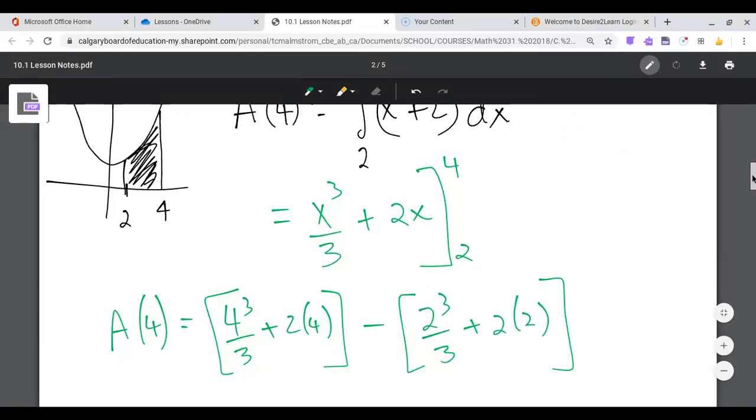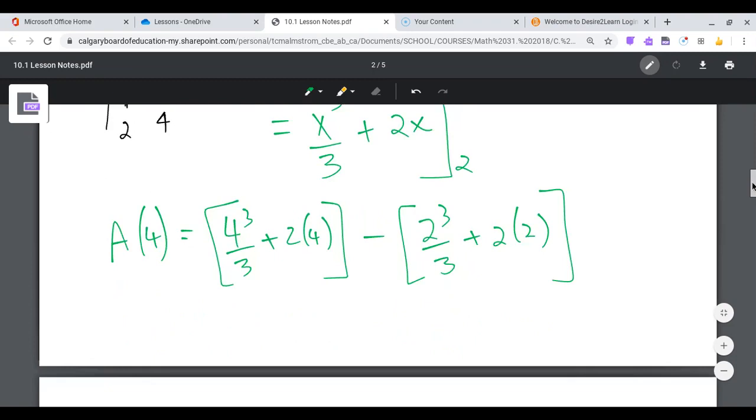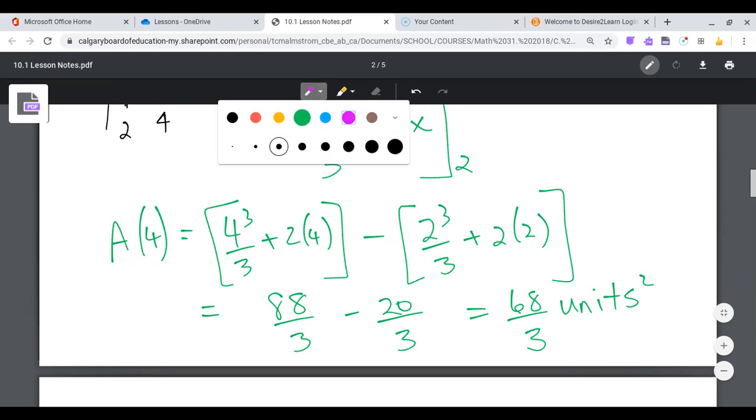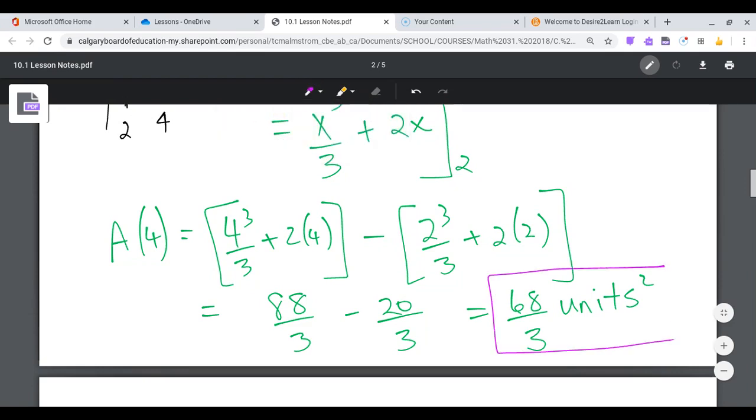And what numbers do we get? Did you mental math this? It's not pretty, it's fractions. So we have 88 on 3, subtract 20 on 3, and that is equal to 68 on 3 units squared. Yes, you do need to include units squared when it is an area question.